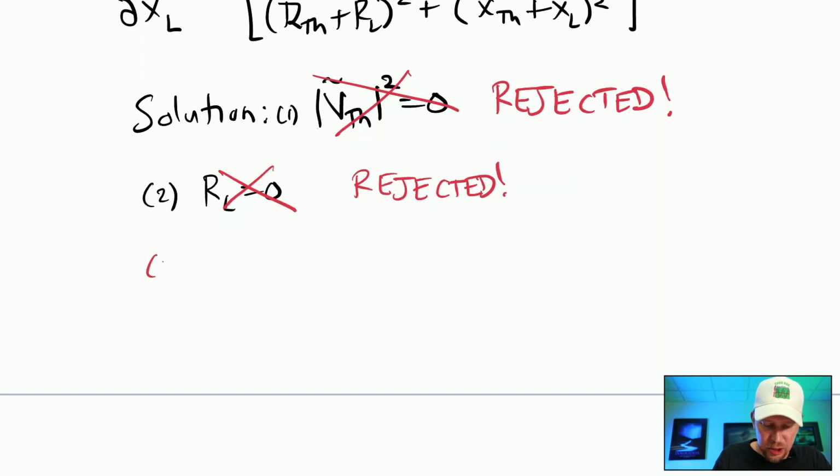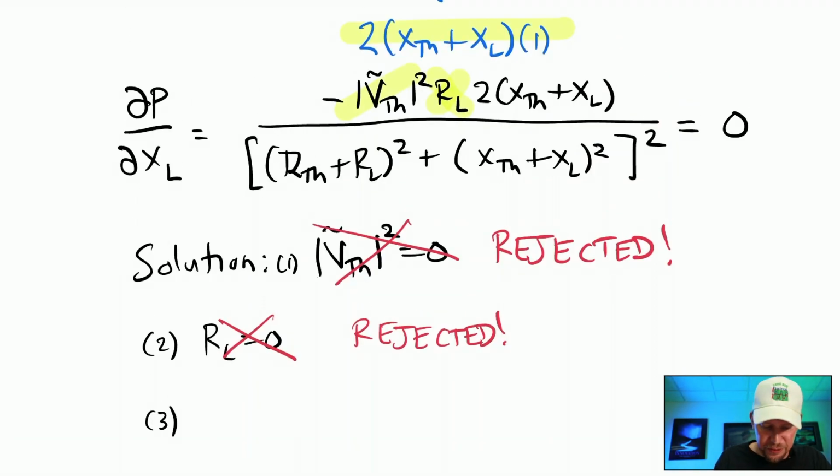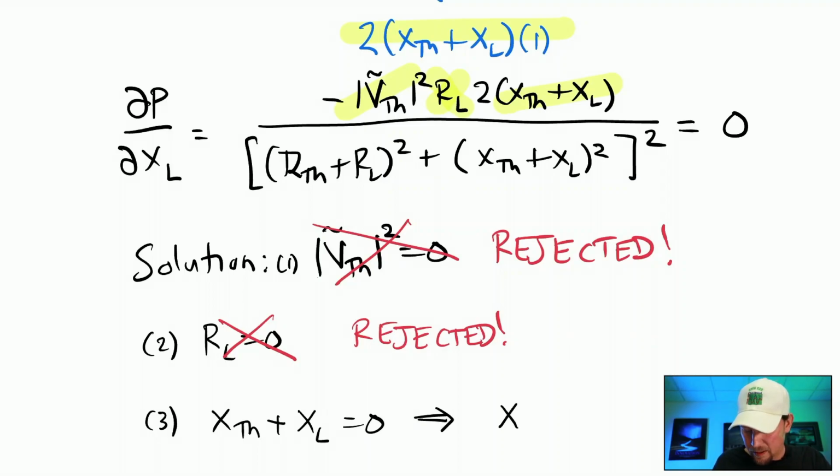The last condition for this being 0 is that there's a third term in the product. It's this part. That could be 0. So here, what we have is the Thevenin reactance plus the load reactance. That could be 0, which means that the load reactance is equal to minus the Thevenin reactance.